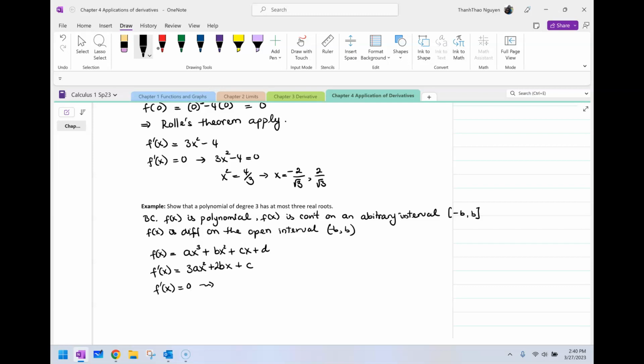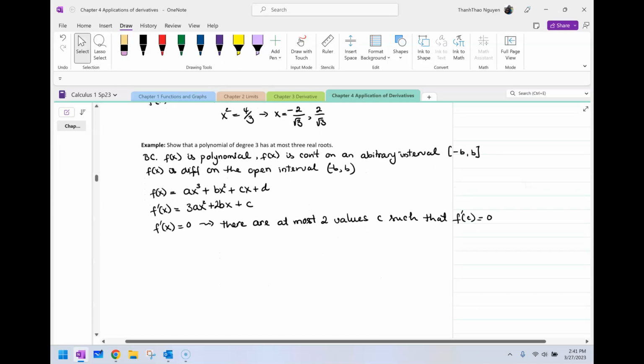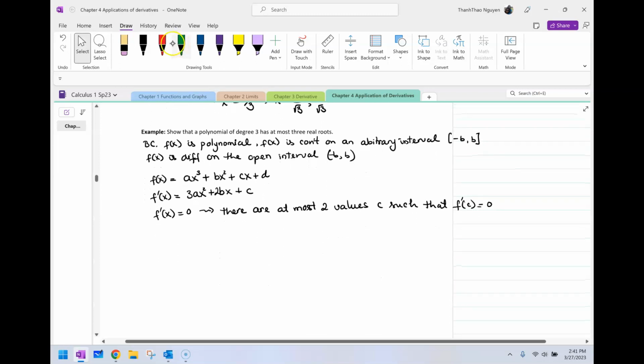This is a quadratic equation, right? It's telling us that there are at most two values c such that f prime of c is equal to 0. Okay.